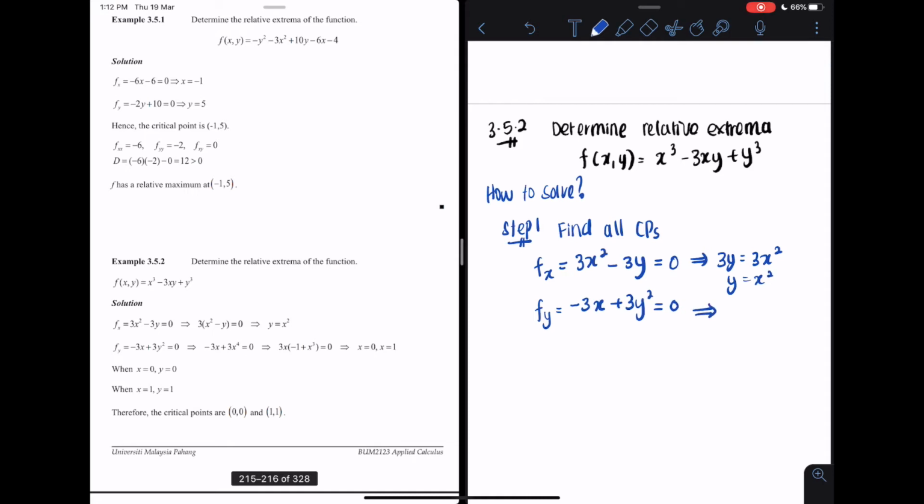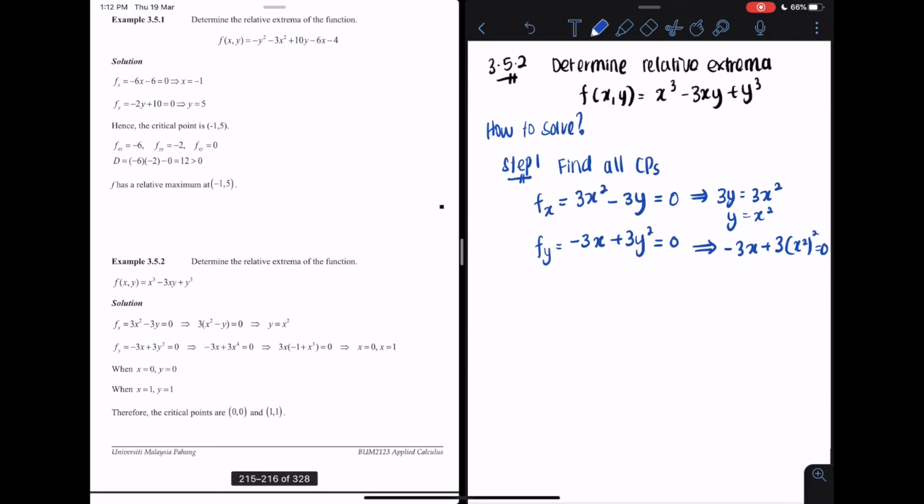And from the second first order partial derivative, I get negative 3x plus 3y squared. Since y is equal to x squared, I will replace y in the second first order partial derivative with x squared. So I will get 3 x squared squared equal to 0.